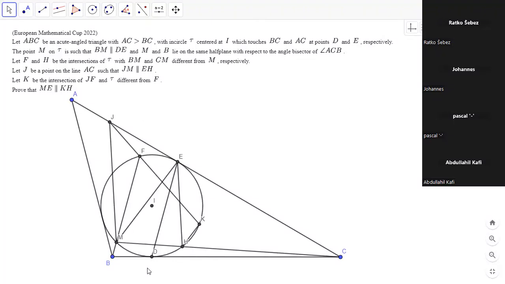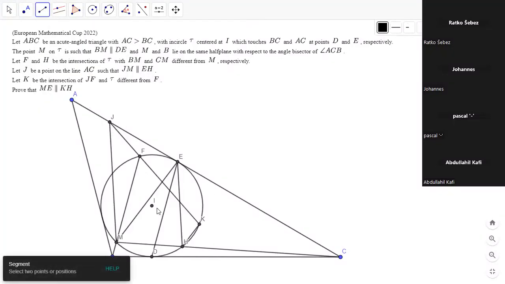So a lot of equal arcs here. Arc MD equals EF. And we want to show arc MH equals KE. So it's probably a lot of symmetry here.